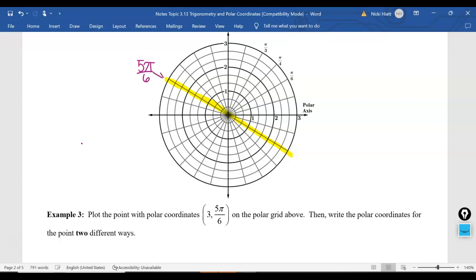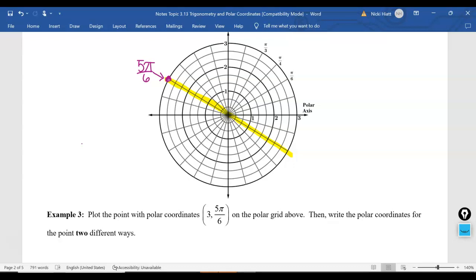So that is where 5 pi over 6 falls. And I have a radius of 3, so I'm going to start at the pole right here, and I'm going to go towards the angle. And so this point would end up right here. That's the point that we have graphed.